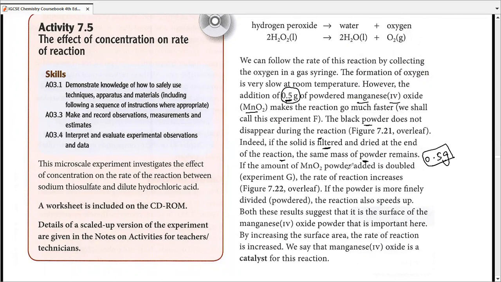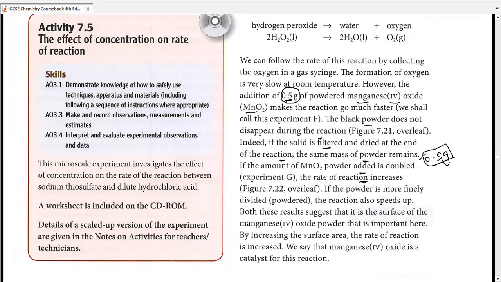Okay, so moving on, if the amount of MnO2 powder is doubled for a reaction, the rate of reaction increases. Keep this important point in mind: if the amount of catalyst is increased, obviously it's going to increase the rate of reaction.